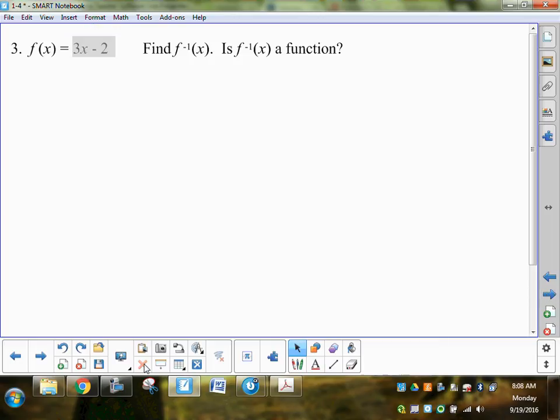So let's start off with this, and we're going to begin with 3x minus 2. Find the inverse. Is the inverse a function? Well, go through right now, please.